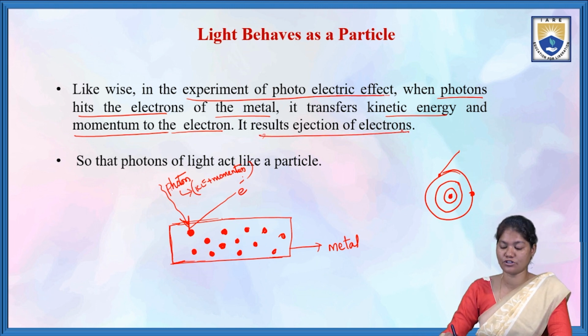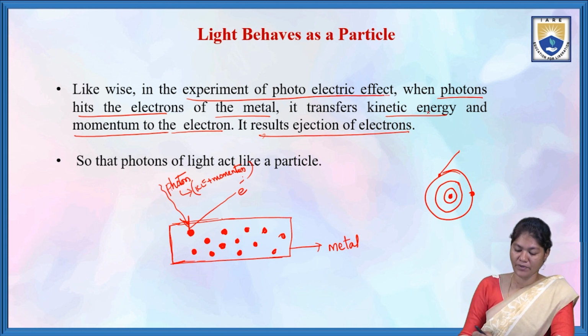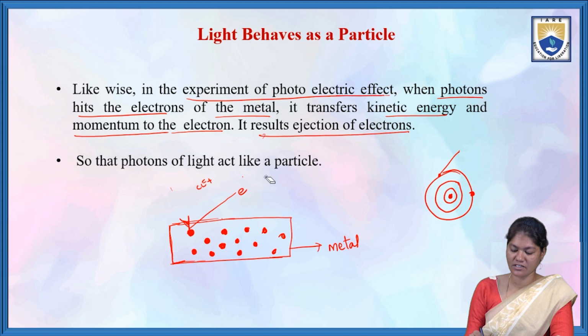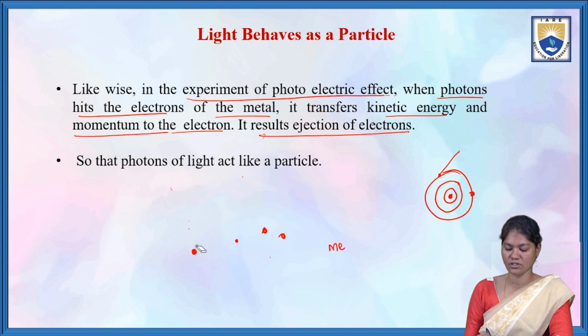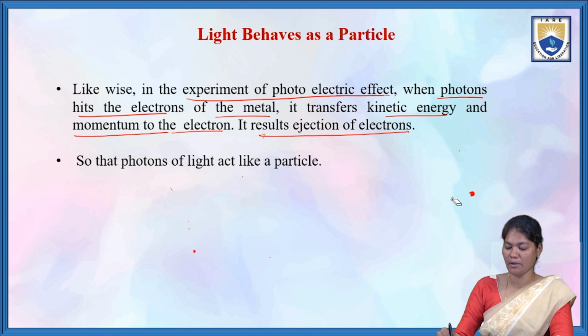The emitted electrons are called photoelectrons. So photons of light act as particles.